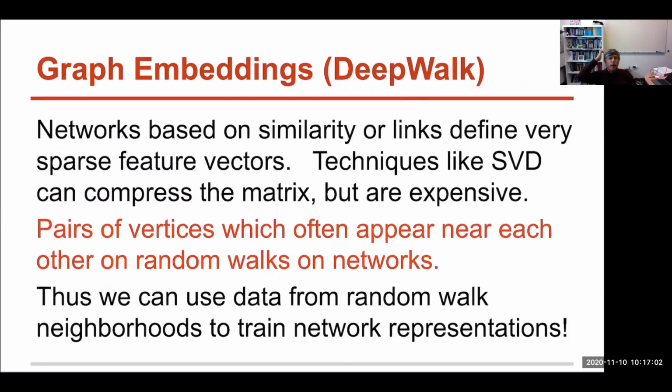The other thing that I would like to tell you as a technique for getting features from graphs that I happen to like a lot, okay, is this question of graph embeddings. Again, if you think you're Mark Zuckerberg, you have the Facebook graph of everybody who's connected to everybody else.